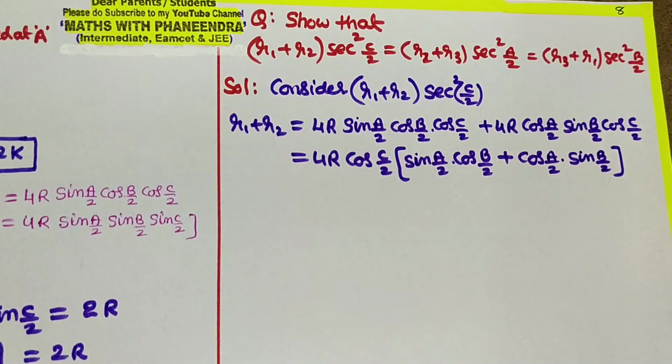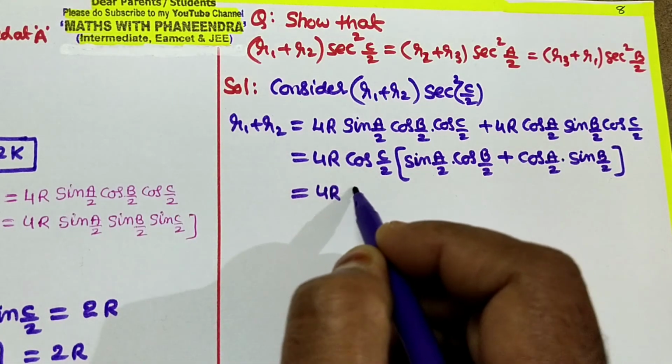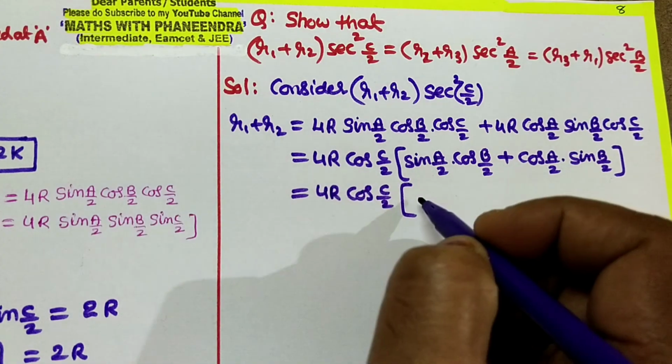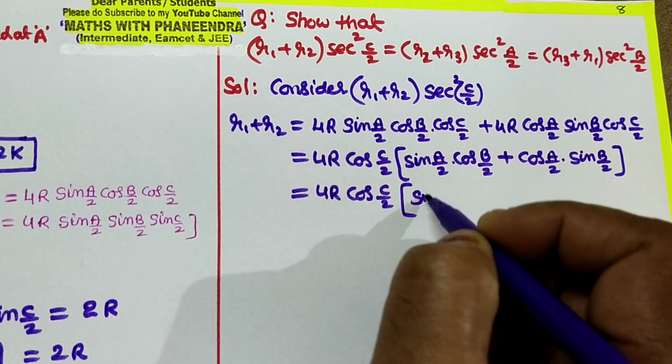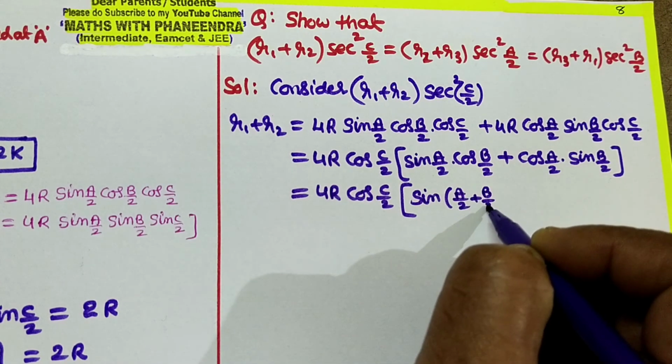This bracket value is in the form of sin A cos B plus cos A sin B. So you will get 4R into cos C by 2 into sin of (A plus B), that means sin of (A by 2 plus B by 2).